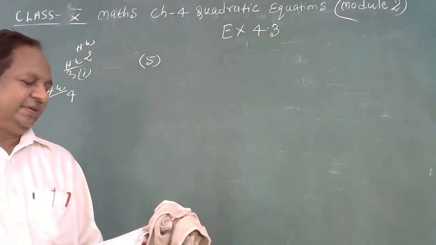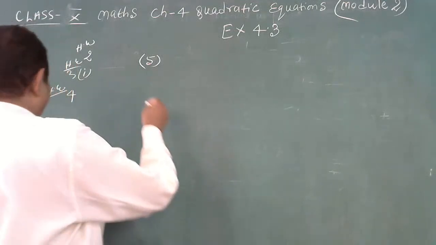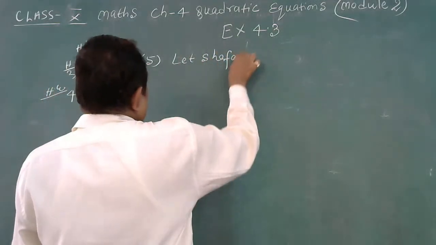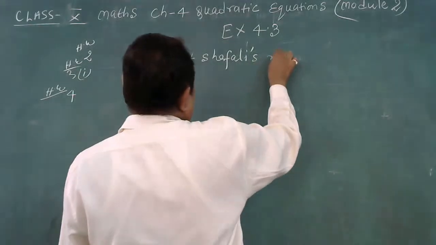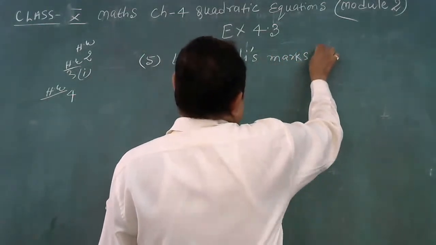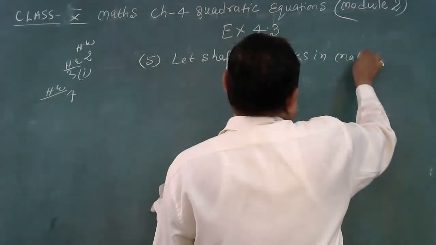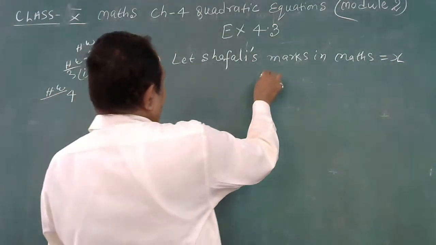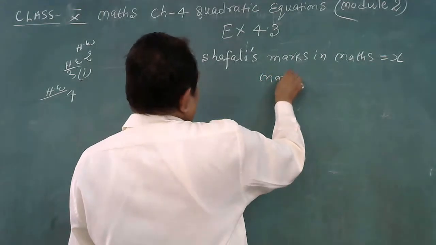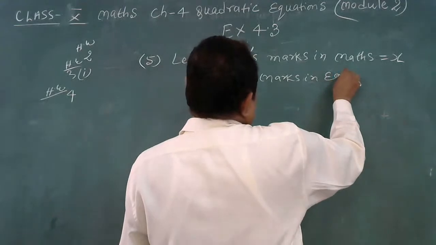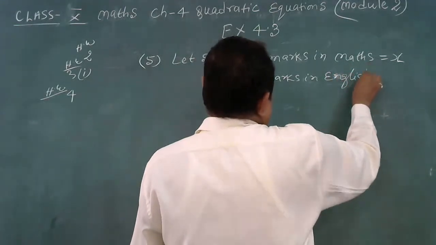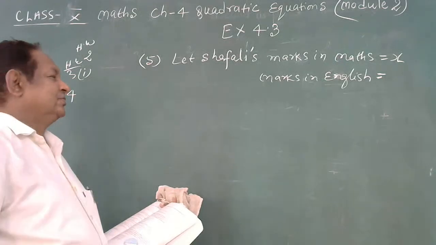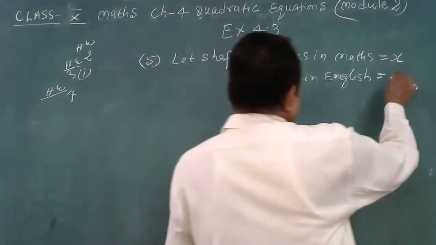So let Shefali's marks in maths be equal to x, and marks in English is equal to, the sum is 30, so what will be the marks in English? 30 minus x.